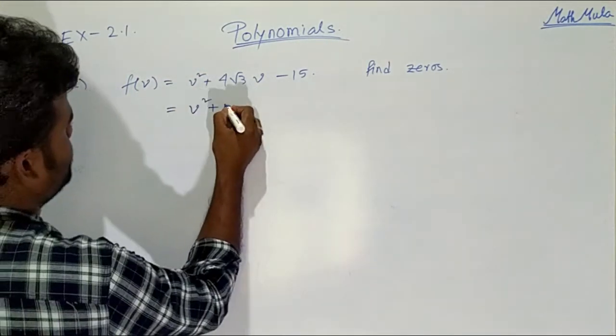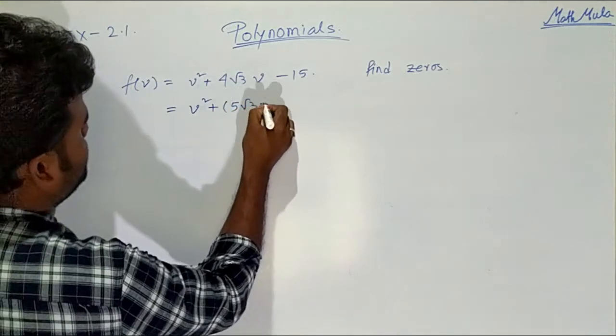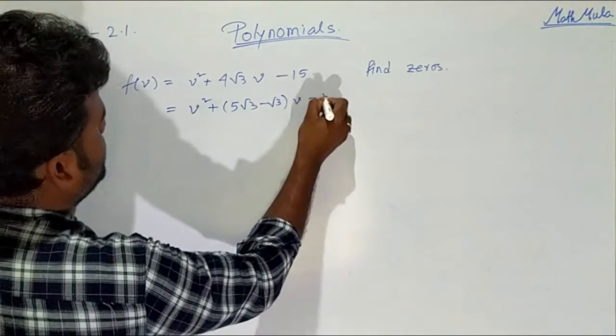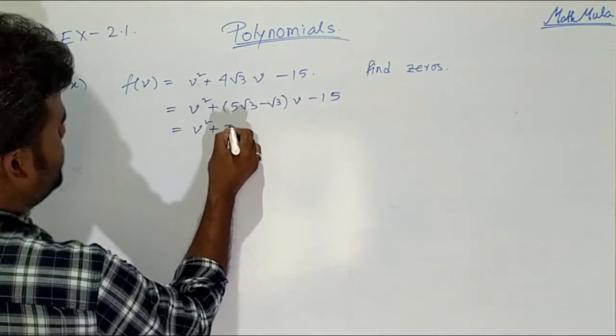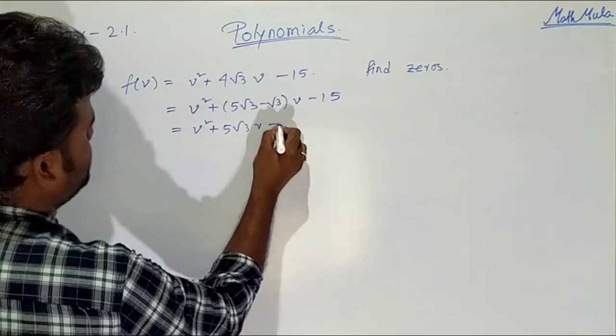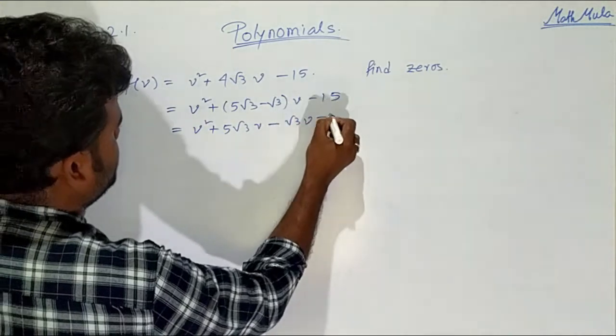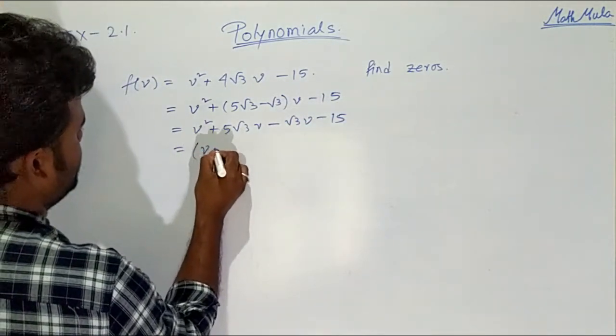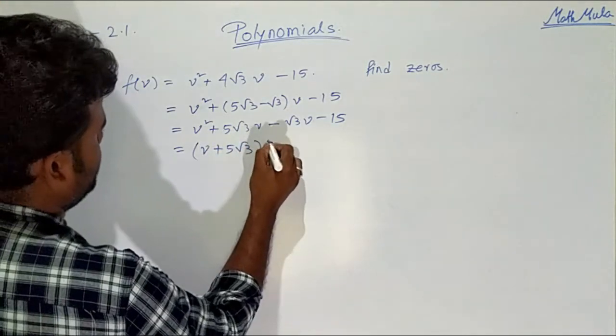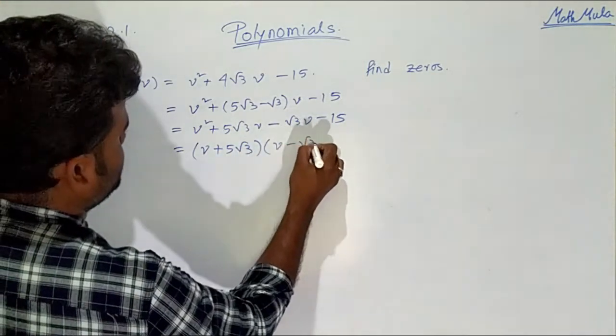Then we can write v square plus 5 root 3 v minus root 3 v minus 15, and the factors are v plus 5 root 3 and v minus root 3.